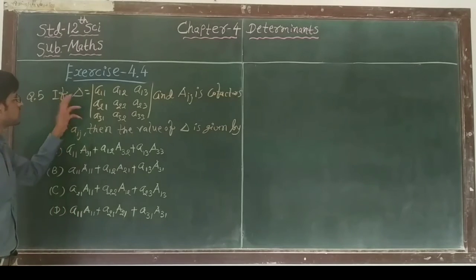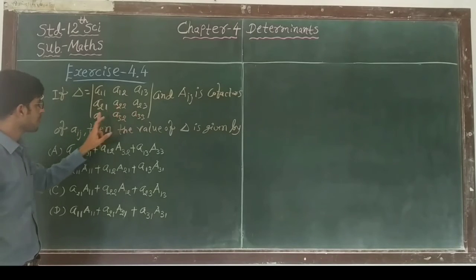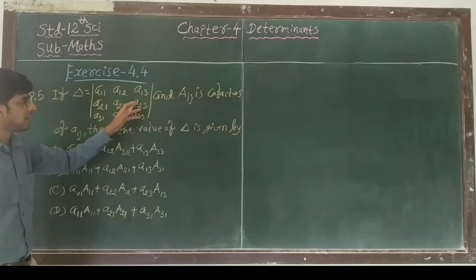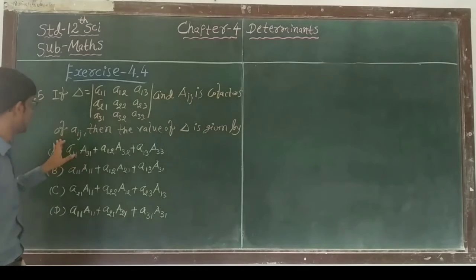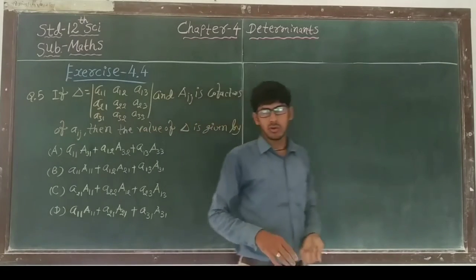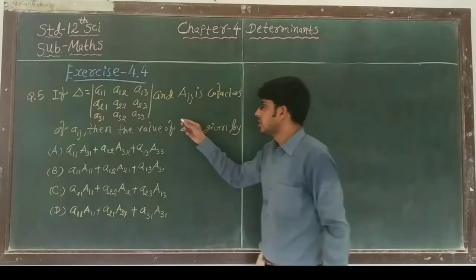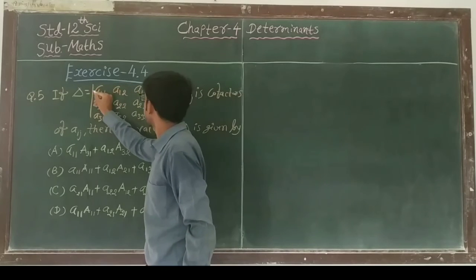If delta is equal to a11 a12 a13, a21 a22 a23, a31 a32 a33, and capital Aij is the cofactor of small aij, then the value of delta is given by. Okay, so how to solve the 3 by 3 determinant? Suppose we take the first row.